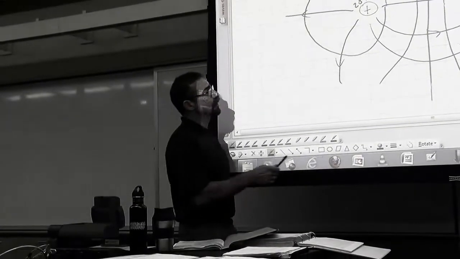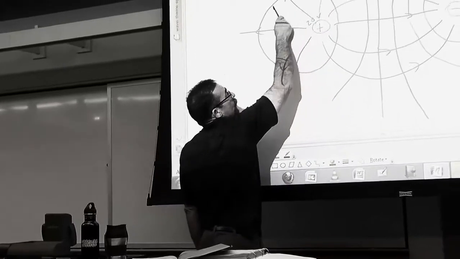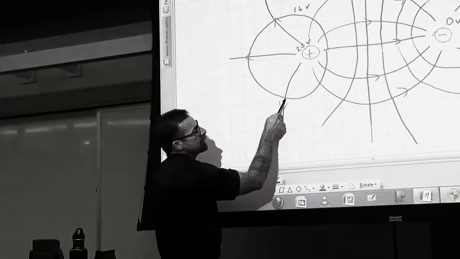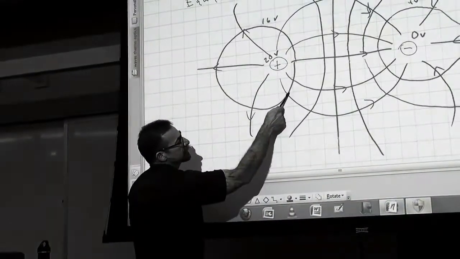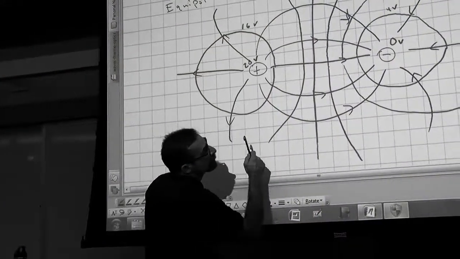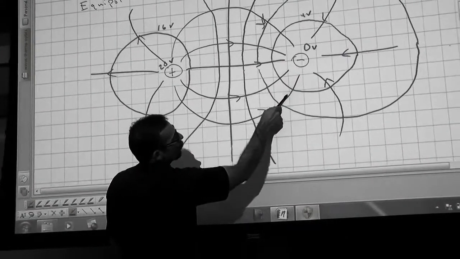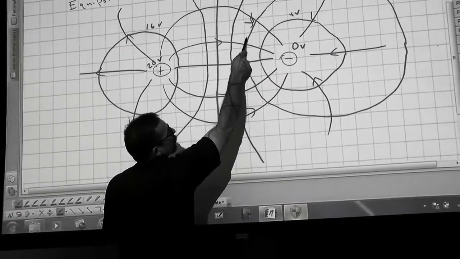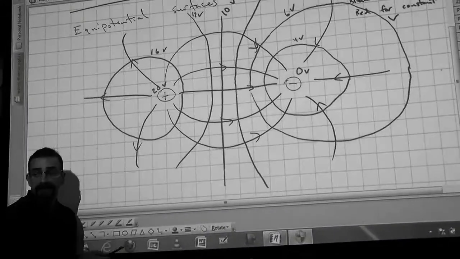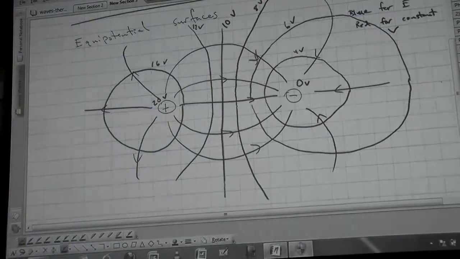So if we moved a charge along one of these red paths, it takes no work, because the electric field at every instant is perpendicular. Maybe I didn't draw it so well. These are a little bit better. The electric field is always perpendicular to the equipotential line.